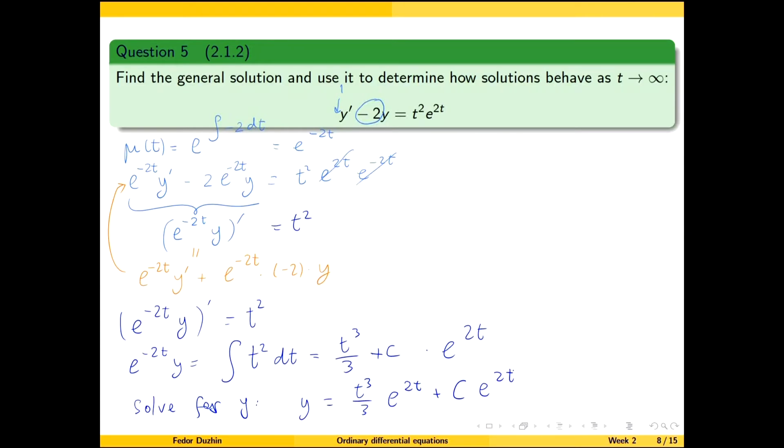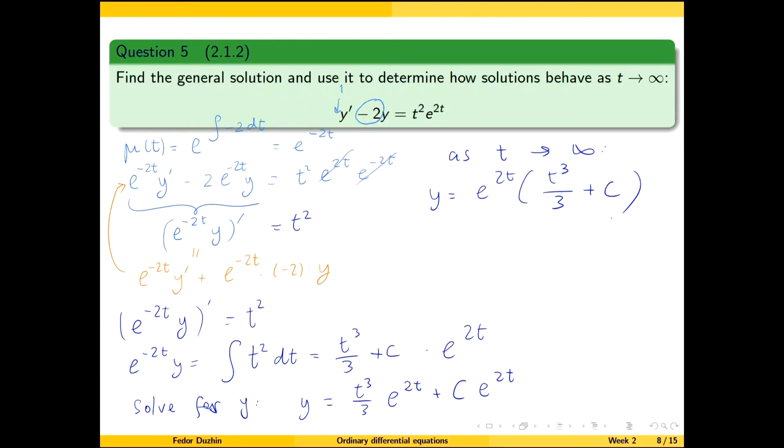All right, and now it is quite clear what's going on as t approaches infinity. Our solution, maybe we can take out e to the 2t. So e to the 2t times t cubed over 3 plus constant.